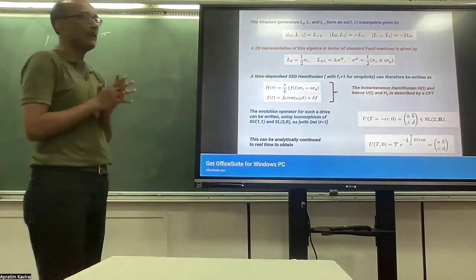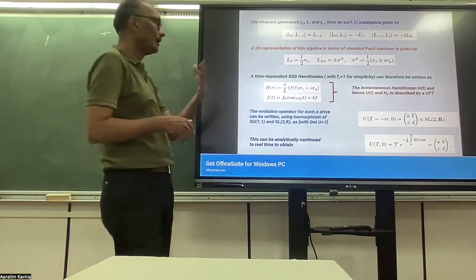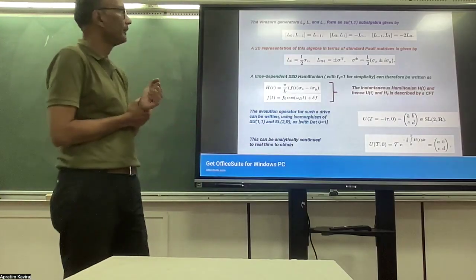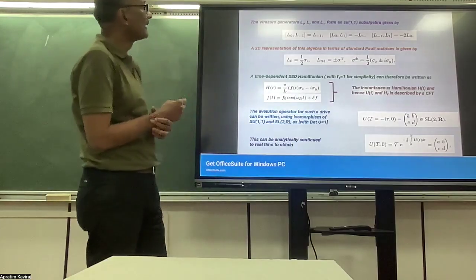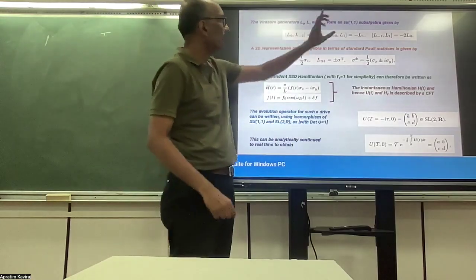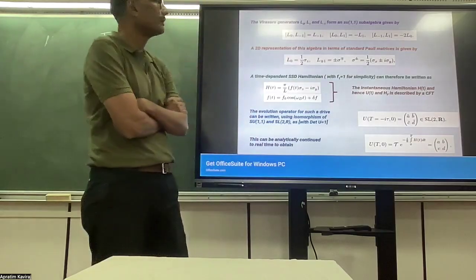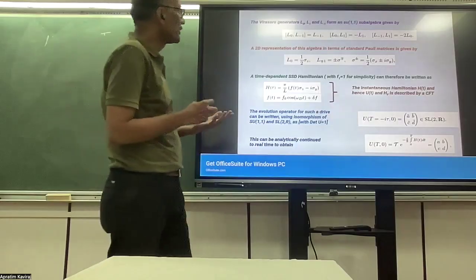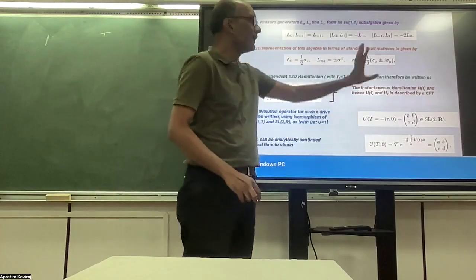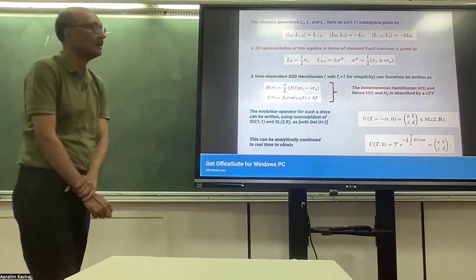The basic thing that Wen and Wu and others used to do this dynamics is that they noticed that these Virasoro generators form an SU(1,1) subalgebra. That's the standard commutation relation here. A 2D representation of this algebra can be written in terms of standard Pauli matrices.